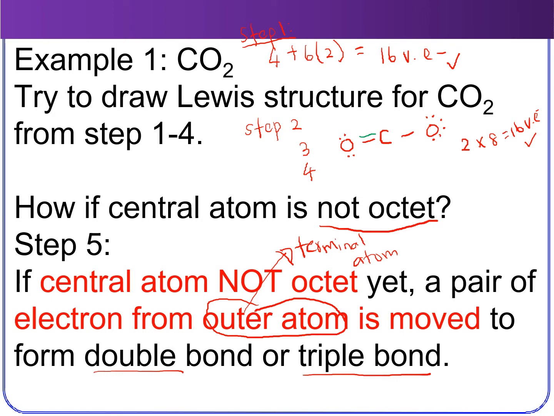After I move it, the carbon hasn't achieved octet yet, it only has 6 electrons. So let's say we move another pair of electrons from the other oxygen, and we form another bond here. At this moment, in carbon dioxide, not only the oxygens achieve octet, but the central carbon atom also achieves octet.